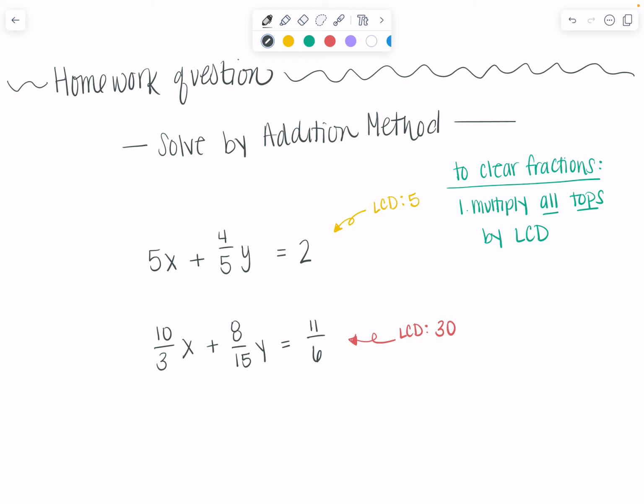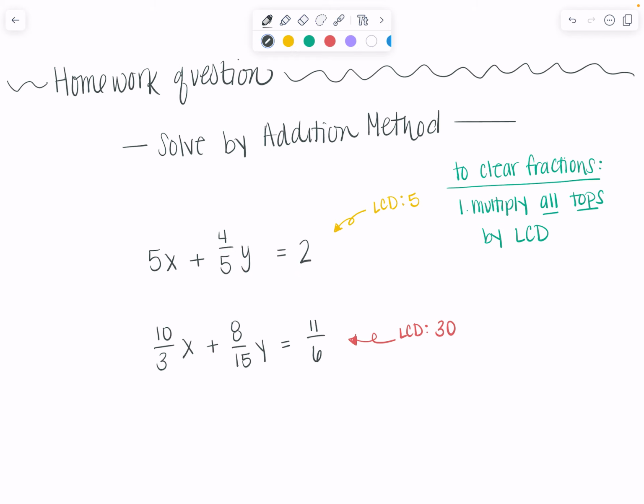So because it's got all these fractions, the first thing I need to do is clear those out so that I can set up for the addition method. So I need to find the LCD. That goes back to the previous chapter. I'm looking for the least common denominator of all of these. Well, this first one, the only denominator is 5.